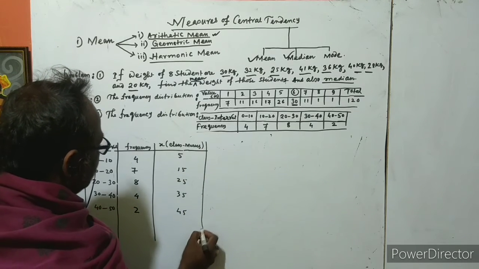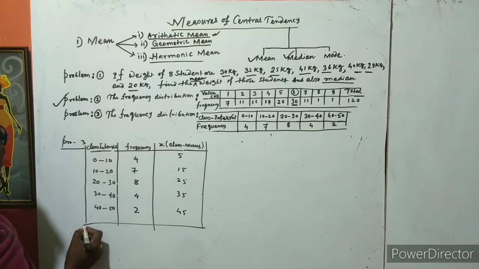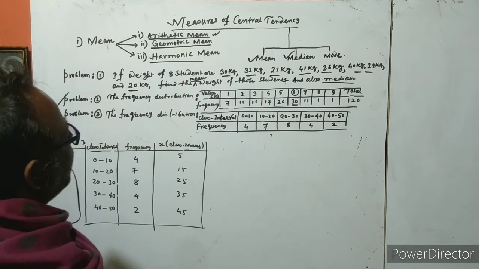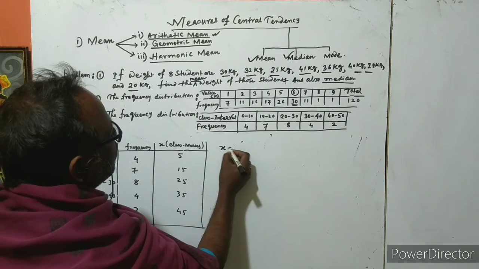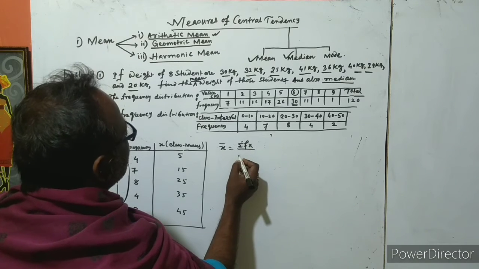So this is your x. An easy method here is x bar equal to summation fx by n.